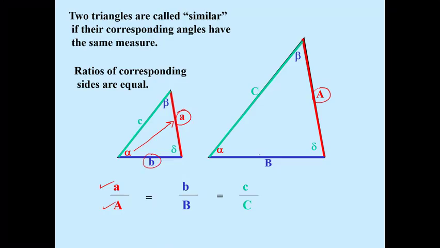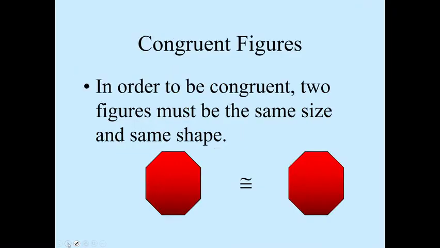Little b, big B, sides are proportional. Little c, big C, sides are what? Proportional.